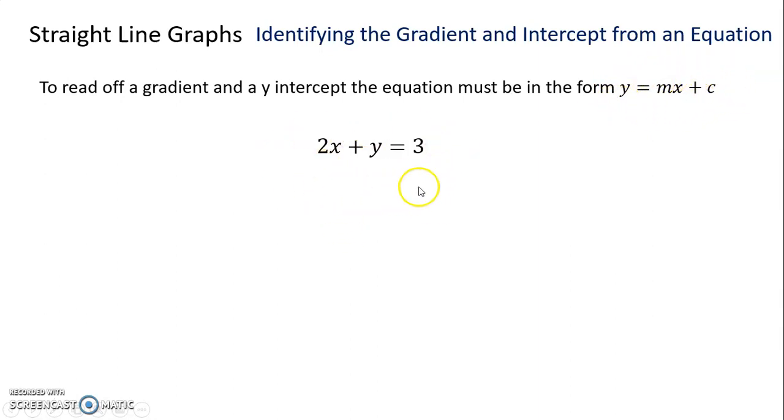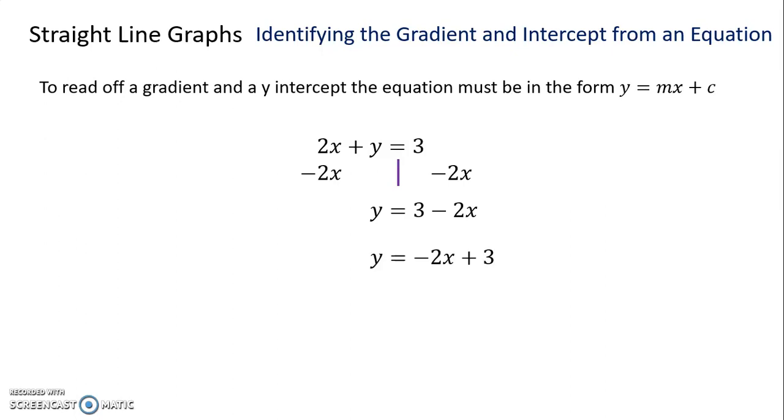So this is the one I was just talking about on the previous slide. We need to rearrange that, and we're going to need to use our solving equations skills here that we did quite a while ago. We're going to need to subtract 2x from both sides, so that will give me y equals 3 subtract 2x.